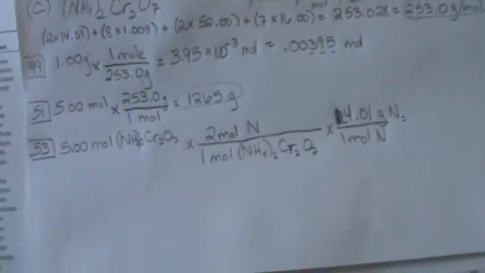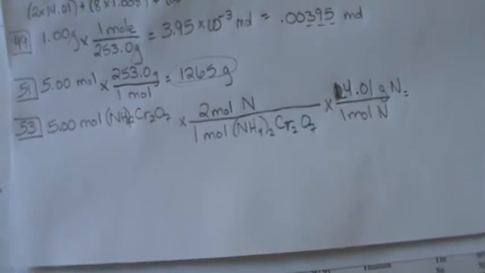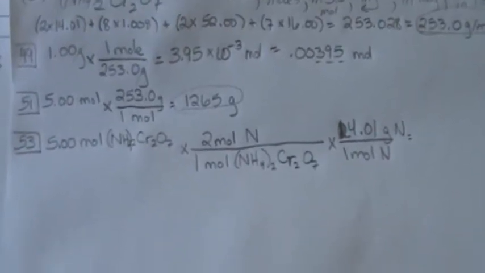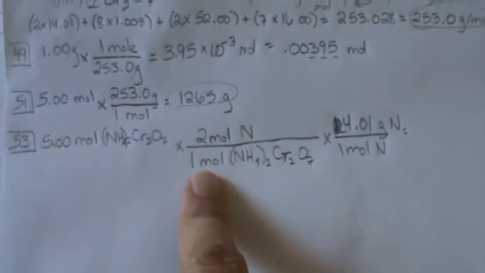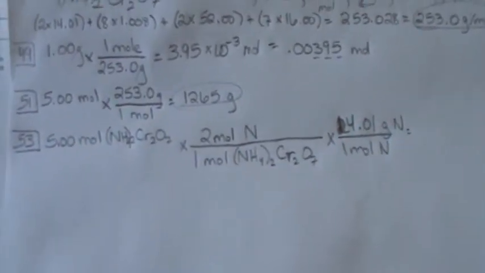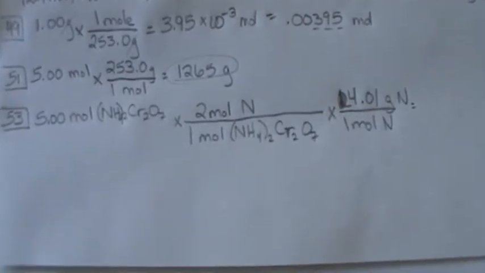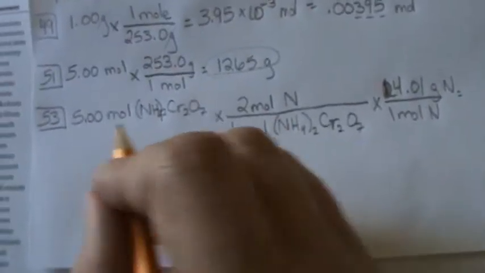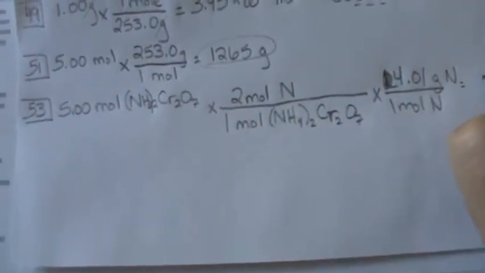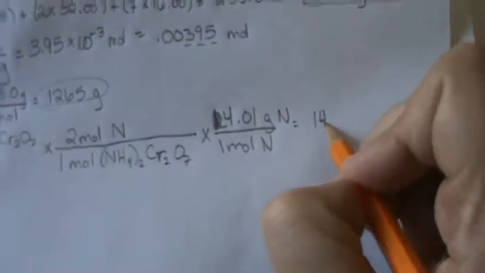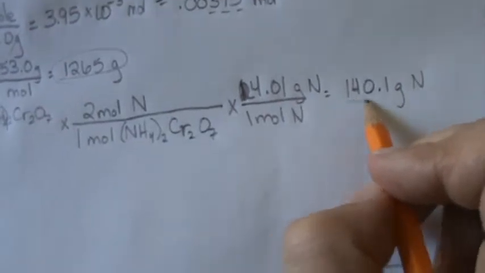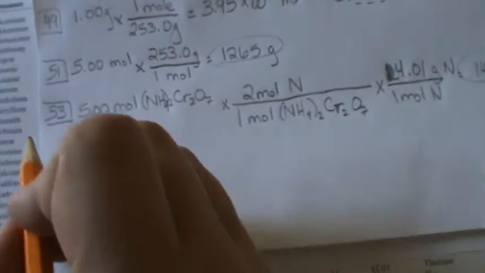So I have 5 moles of my compound times 2 moles of nitrogen in each 1 mole of ammonium dichromate, and 14.01 grams of nitrogen in each mole of nitrogen. So this becomes 140.1 grams of nitrogen in 5 moles of ammonium dichromate. All right, so 2 more.